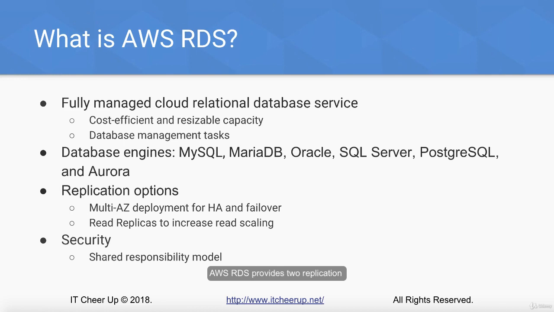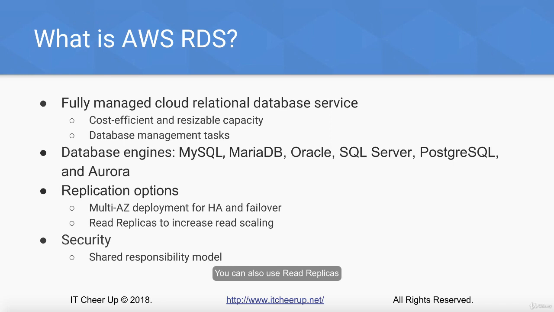AWS RDS provides two replication options to enhance database availability, improve data durability, and scale beyond the capacity constraints of a single database instance for read-heavy database workloads. The multi-AZ deployment gives you high availability with a primary instance and a synchronous secondary instance that you can fail over to when problems occur.